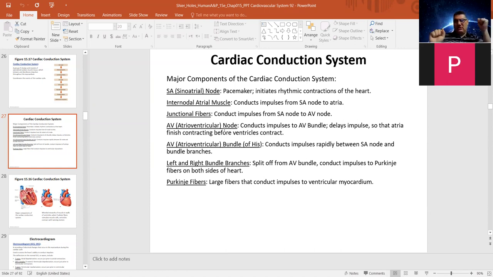Now I want you to notice something. The SA node, which is the pacemaker, makes the pace fast, like from 80 to 100. The AV node, on the other hand, makes another pace that is slower, like from 40 to 60. Wait a minute, do we have two different paces?